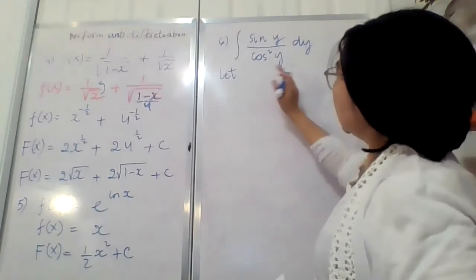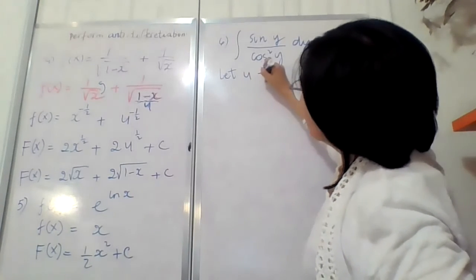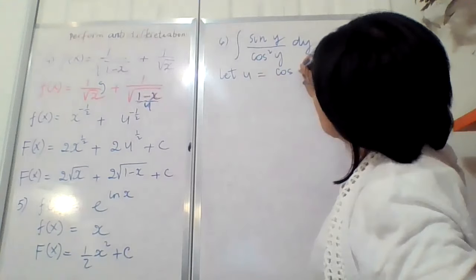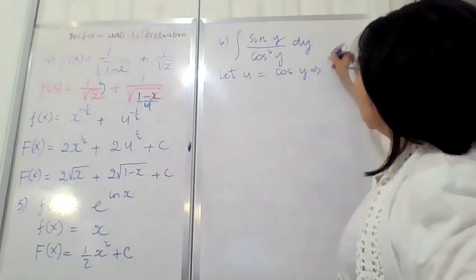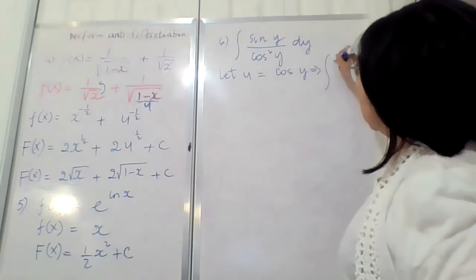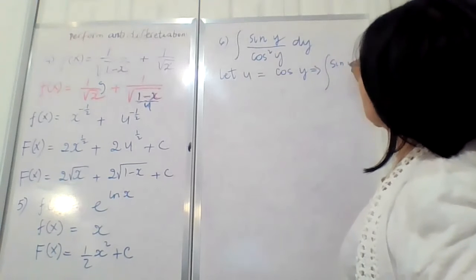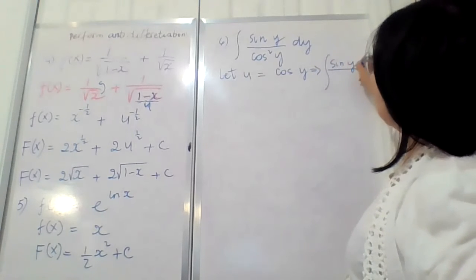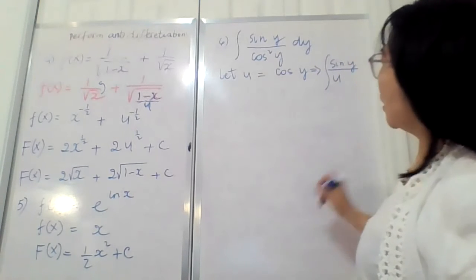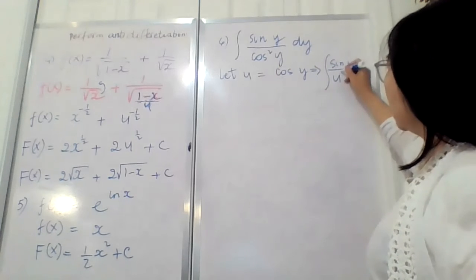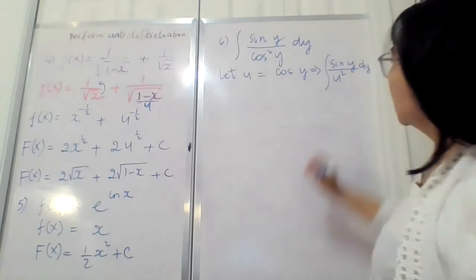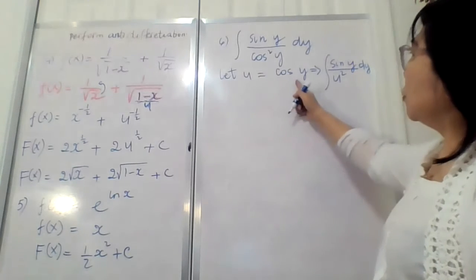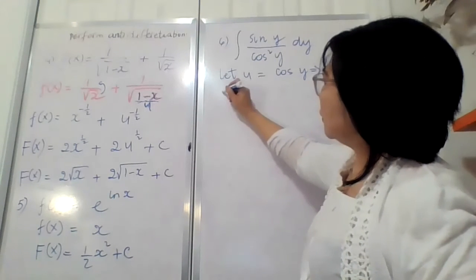So let u equal cos y. I'm going to rewrite this function as sine y over u, because cos squared y is u squared, and this is still dy.